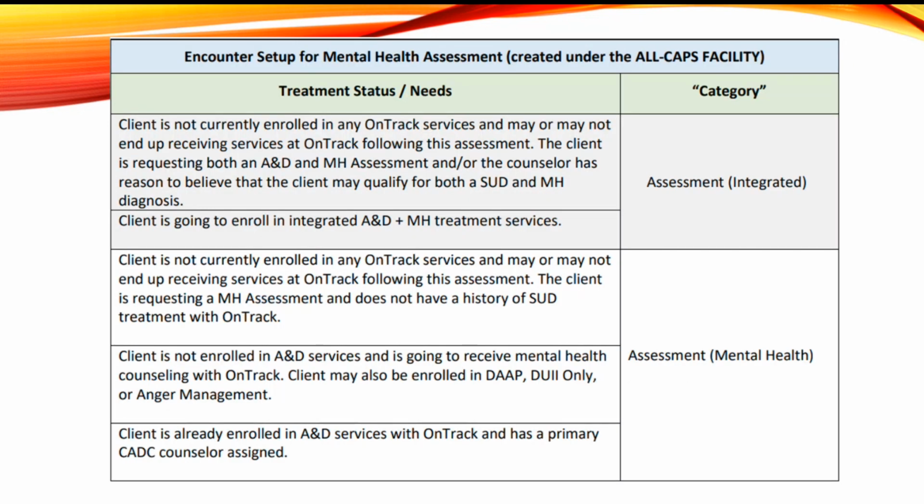So this is more FYI, but it can be helpful to see so that you understand how your services interact with QMHP delivered services. ICOD stands for Integrated Co-occurring Disorder. So if we're providing ICOD services, we're providing integrated services.